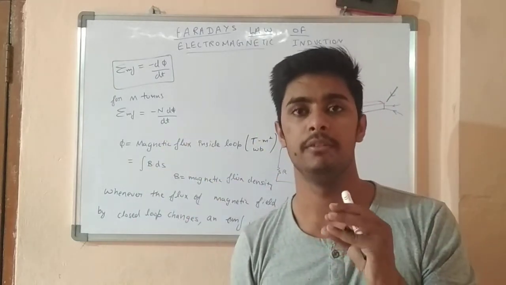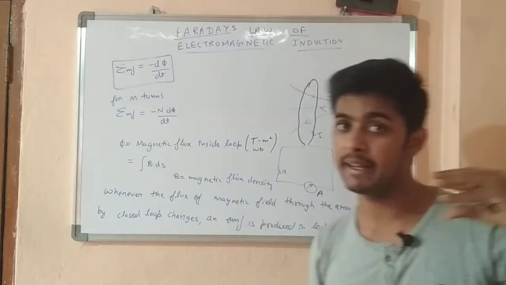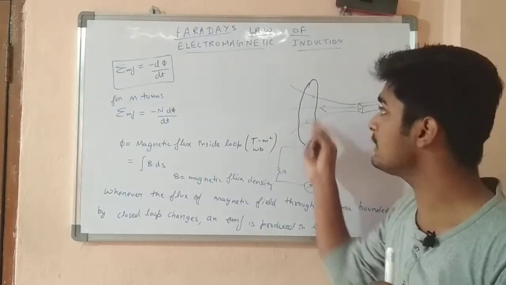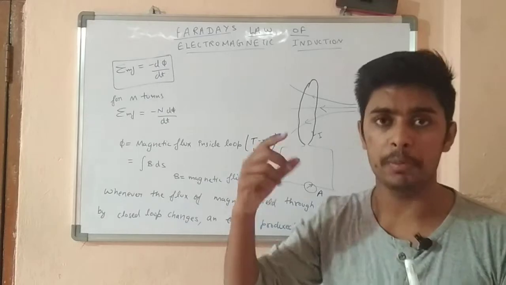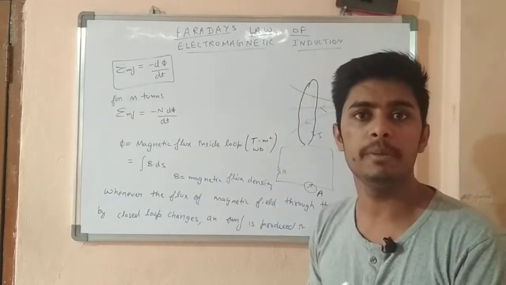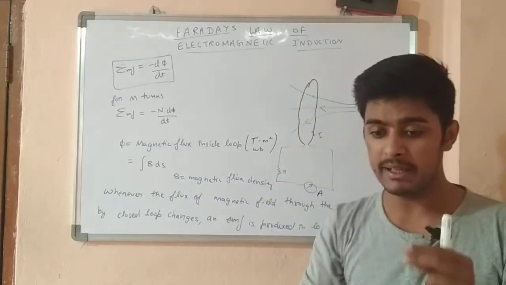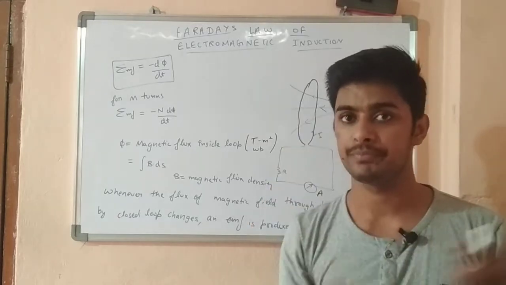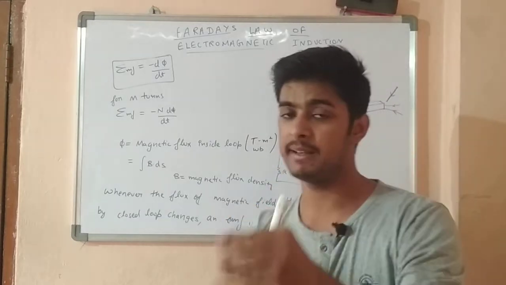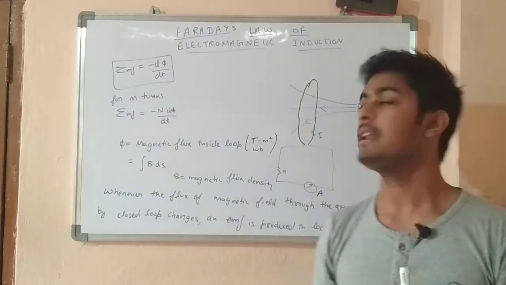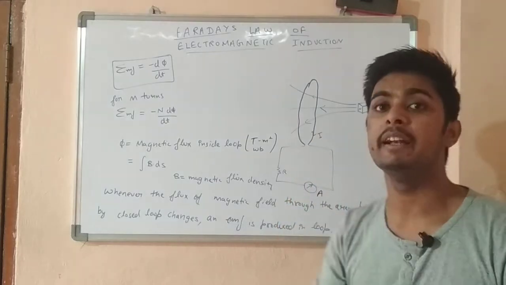When that flux passes through this loop, whether circular or rectangular but it should be closed, passing through the inside of this closed loop area, then the EMF will be induced.